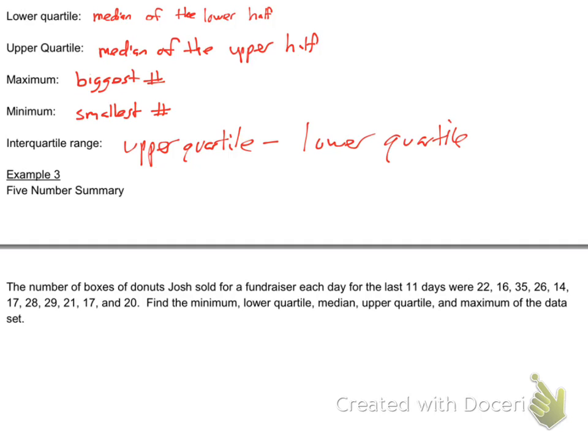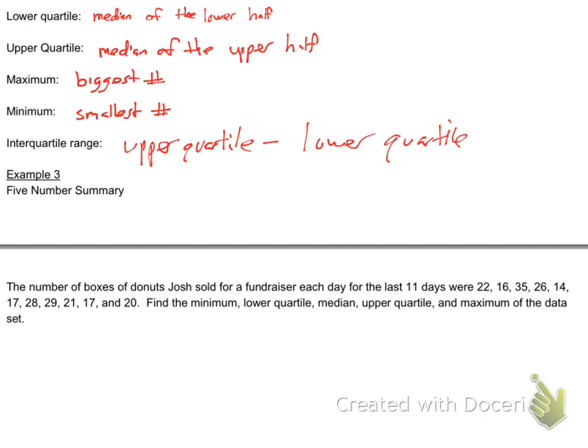So looking at the problem below. The number of boxes Josh sold for a fundraiser each day for the last 11 days was 11, 16, 35, 26, 14, 17, 28, 29, 21, 17, and 20. Find the minimum, lower quartile, median, upper quartile, and maximum. 5 things.